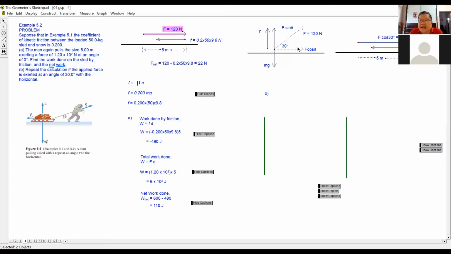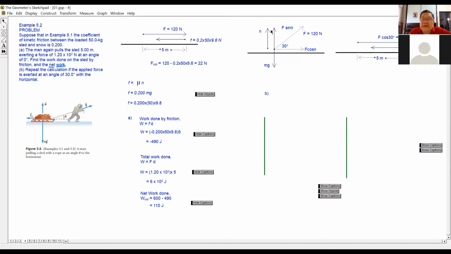But in the second case, the applied force now is only F cos theta, the horizontal component of the 120. So you are applying less force to move the object. This is the first consequence of having a force acting at an angle with horizontal.